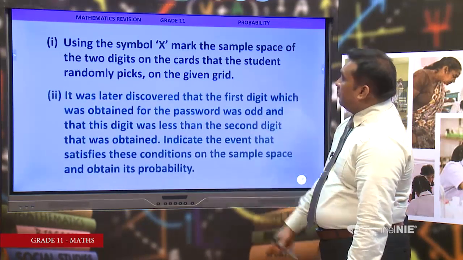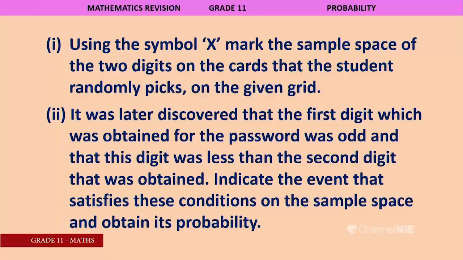Now, next question. It was later discovered that the first digit which was obtained for the password was odd, and that this digit was less than the second digit that was obtained. Indicate the event that satisfies these conditions on the sample space and obtain its probability.